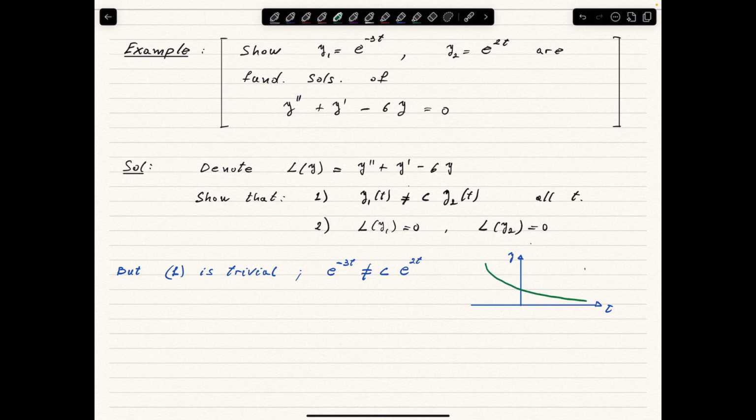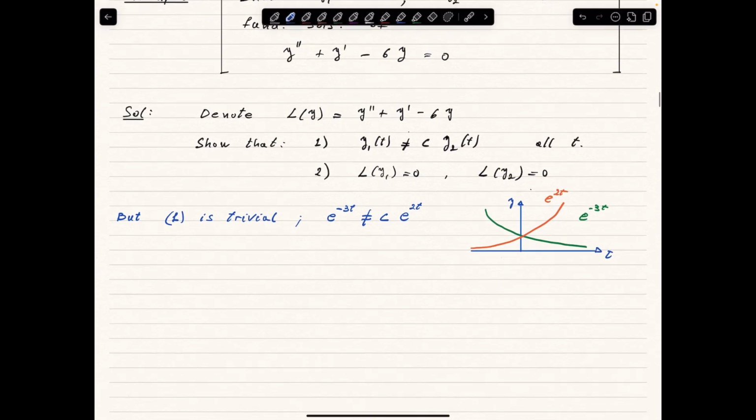This is how exponential negative 3t looks like, and the exponential of 2t is something like this. This is exponential 2t. So obviously they are not proportional. So that's why it's trivial. Now the important part is to realize that they are solutions.